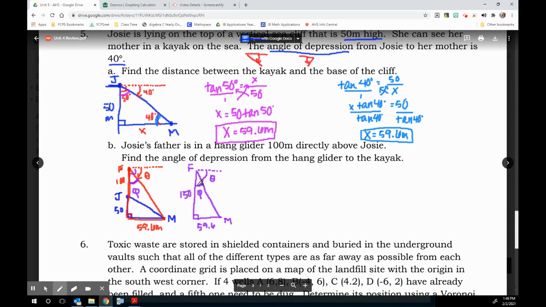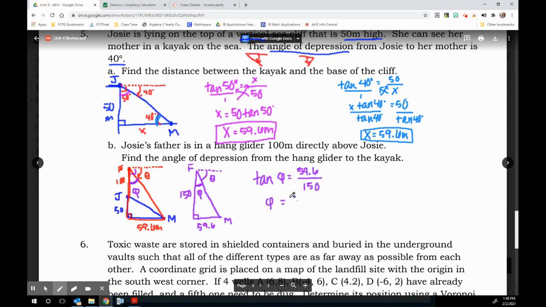And again, we're going to try to find phi first and then deal with the angle of depression that we're actually asked to find. So phi itself, if I'm focusing on that, I can look at the opposite and the adjacent. So again, tangent of phi equals my opposite divided by my adjacent.